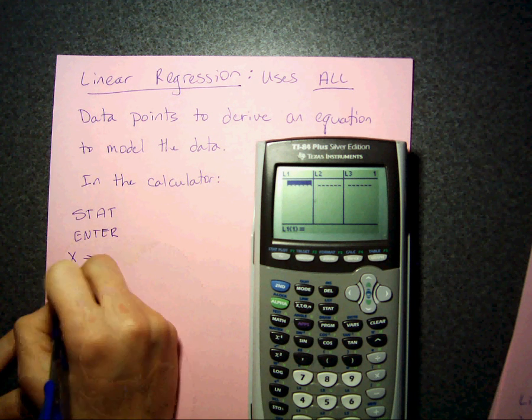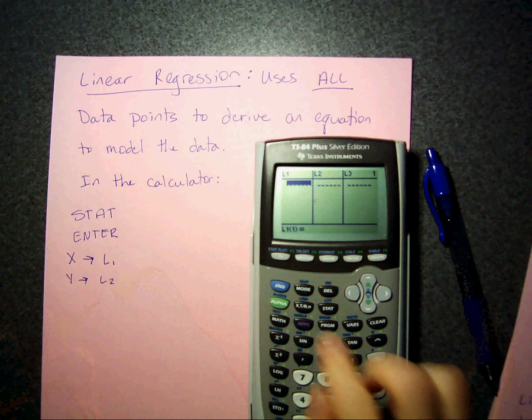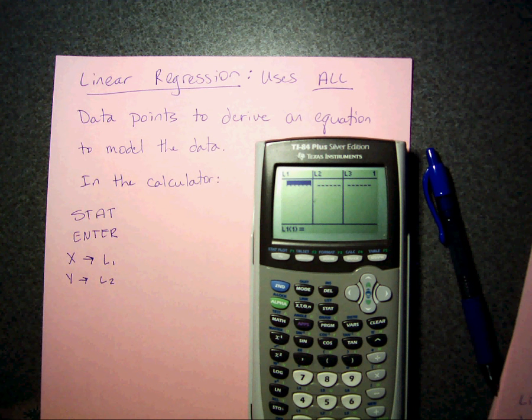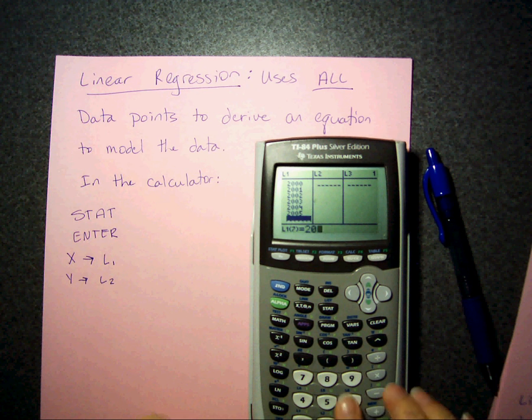So in L1, I'm going to do 2000, 2001, 2002, 2003, and you have to push enter after each one. 2004, 2005, 2006, 2007, 2008, and 2009. And then I'll go over to L2 and put all my Y values.